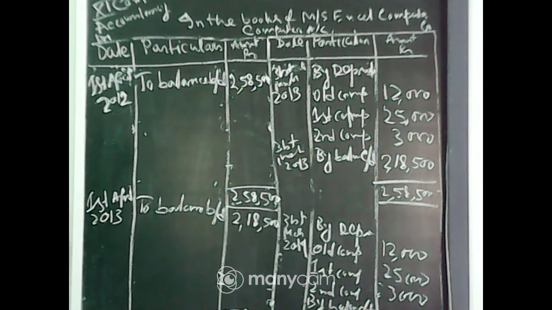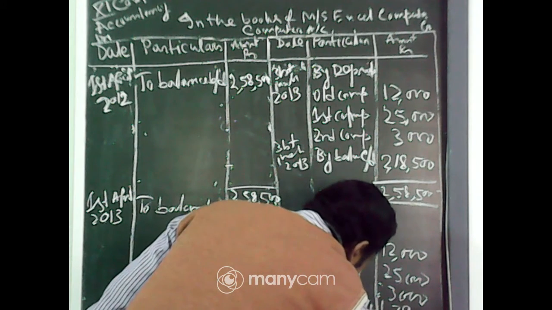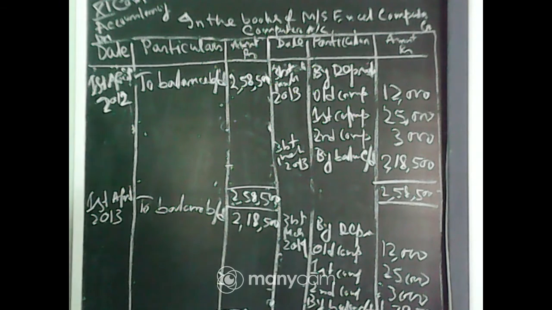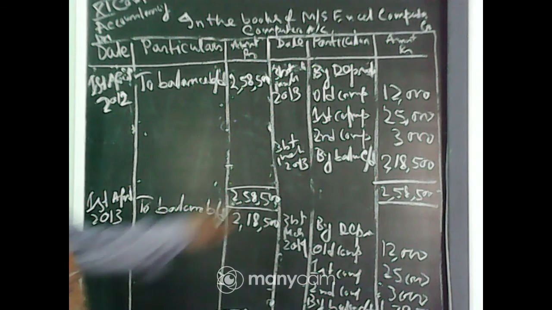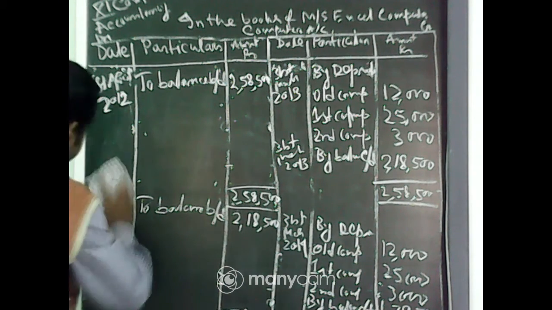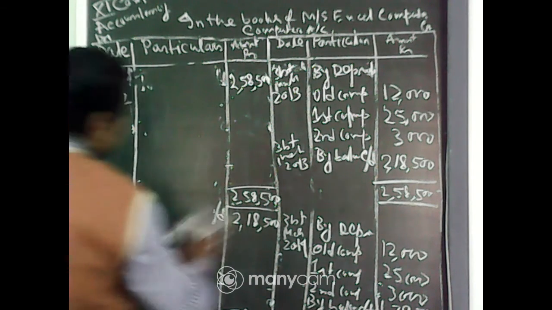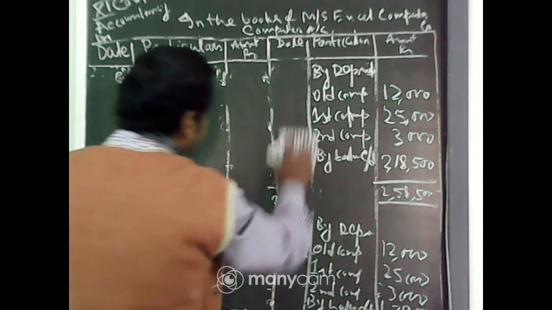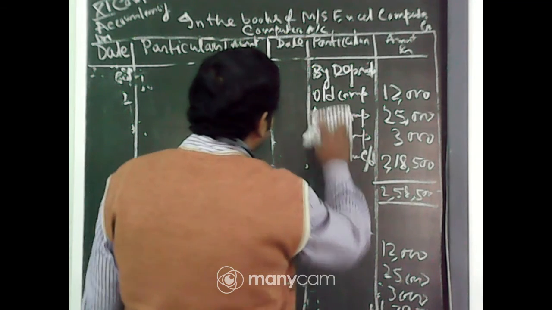What will become? 1,78,500, and that balance comes to 1st April 2014. Up to that there is nothing else, we only charge the depreciation as no transaction is there. So again I am rubbing this. Now the important year, that is 2014-15, and now you will see what will happen.